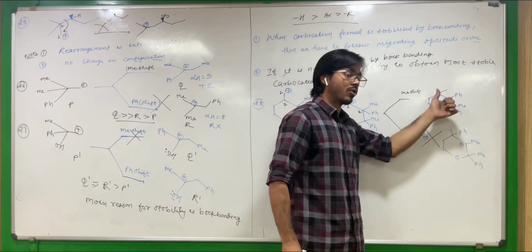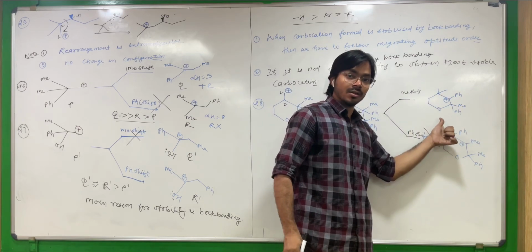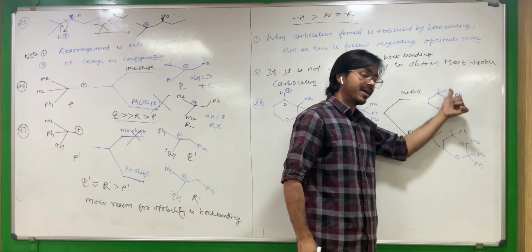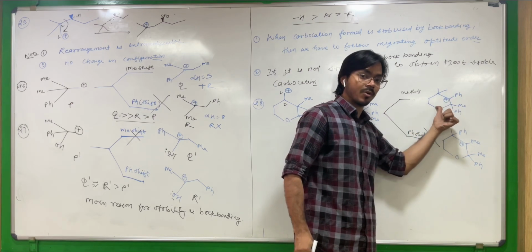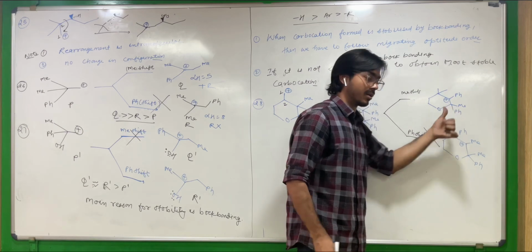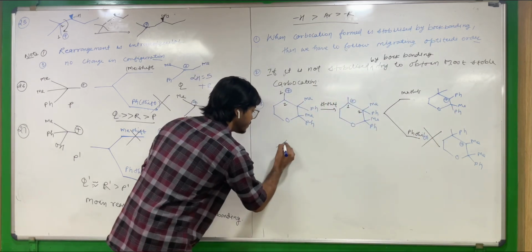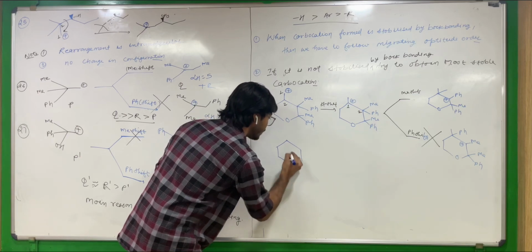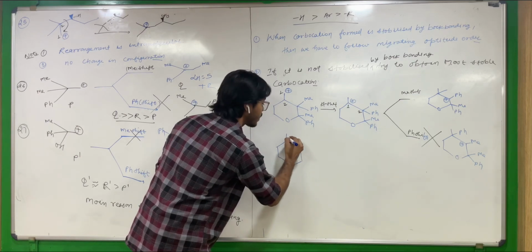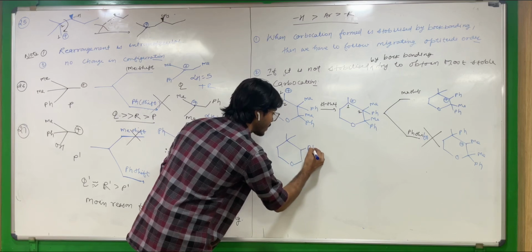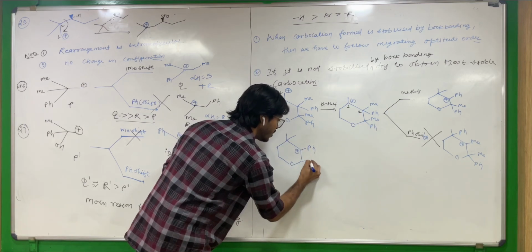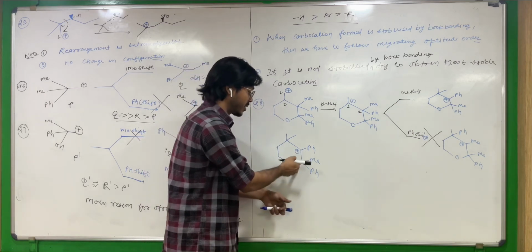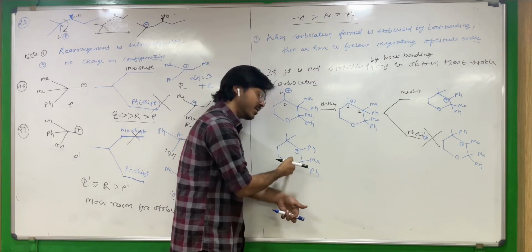If the carbocation is not stabilized by back bonding, then we will form the carbocation which is more stable. Now in this case, this is the most stable carbocation, so we will form this carbocation. Now this carbocation has Ph, positive charge, here Me, and here Ph. If this carbocation comes here, it is stabilized by back bonding.